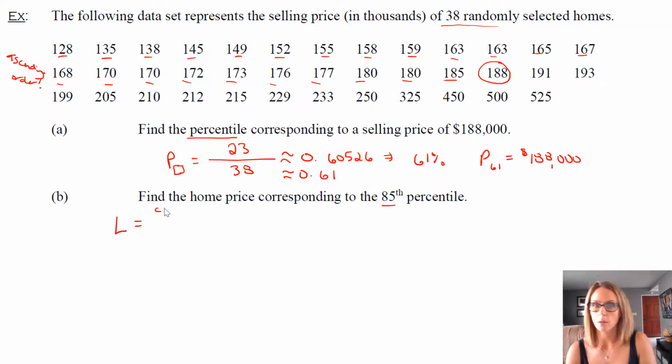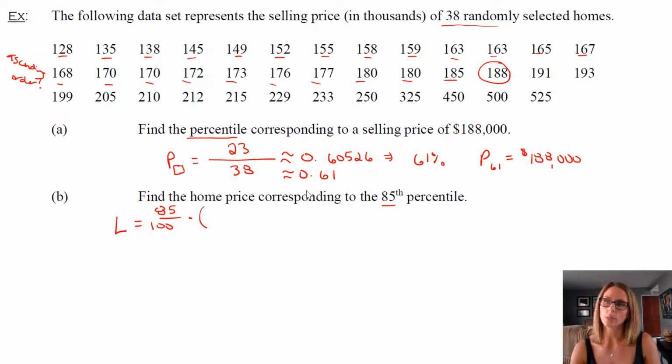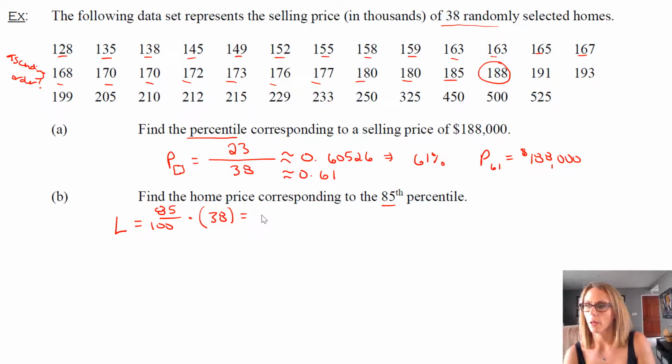As you can see in the formula, the K is your percentile, so that's 85, divided by 100, and then multiplied by the number of values. That's what the N means, number of values. So we multiply by 38, and we see what we get.